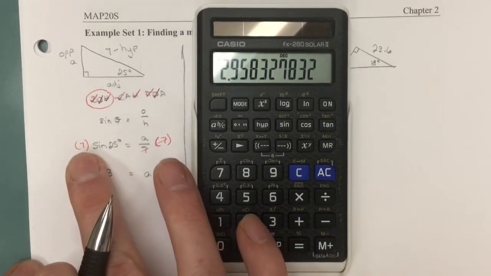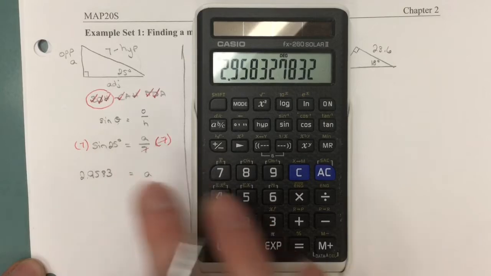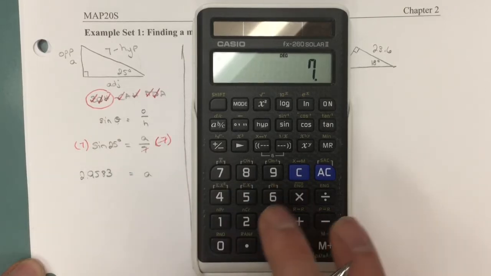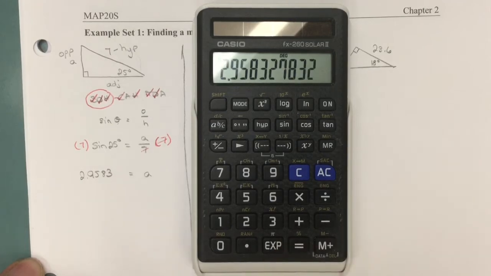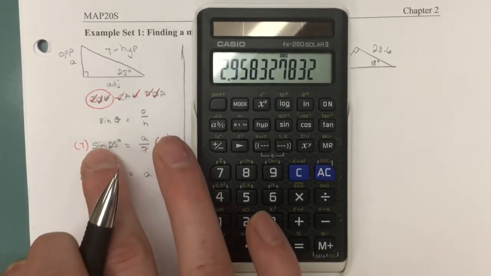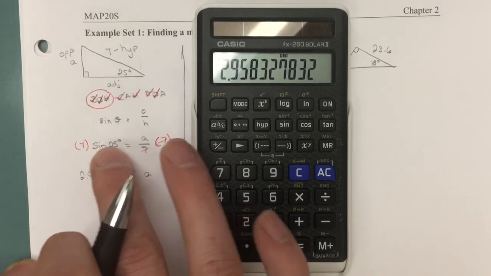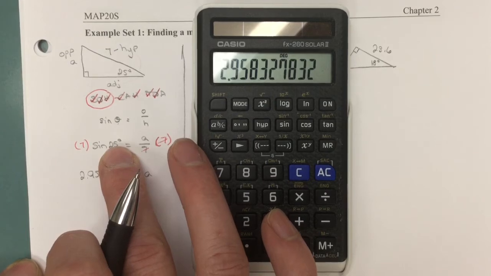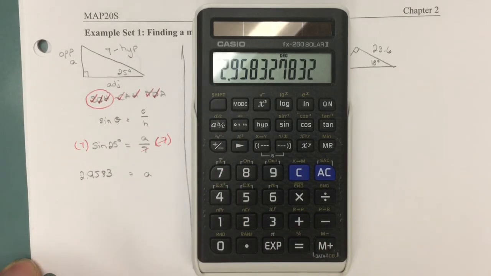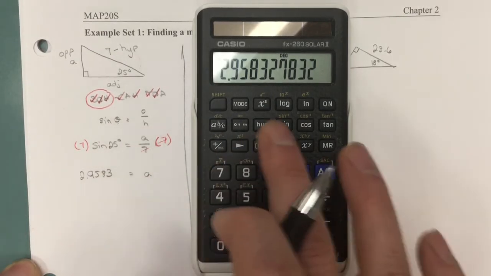Now, you can also go from the left to the right. You can just quickly say 7 times the sine of 25 and press the equal button. You will get the same answer. Some of your calculators need you to type in sine first and then the 25 degrees in a bracket afterwards. So figure out how to use your calculator with those functions.